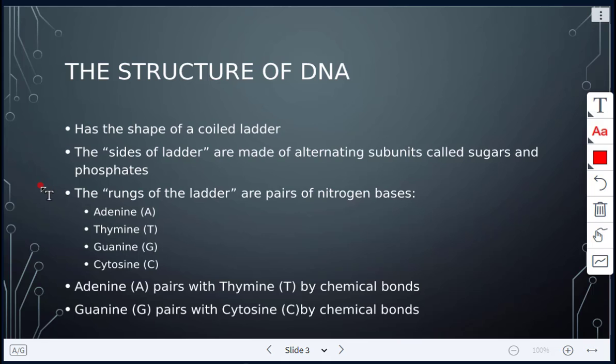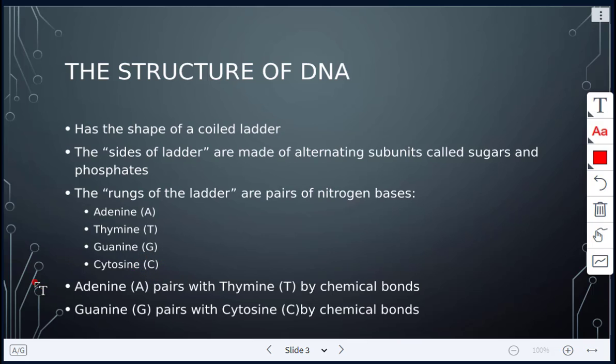And then the rungs of the ladder where you're stepping are made up of pairs of nitrogen bases. So the bases you need to know are adenine, shown as capital A, thymine is capital T, guanine is capital G, and cytosine is capital C.